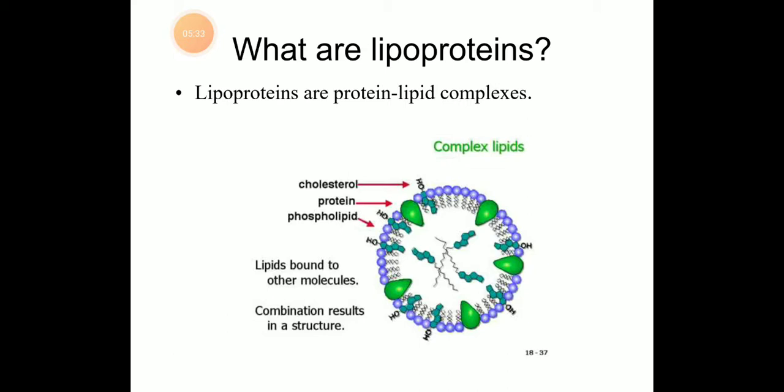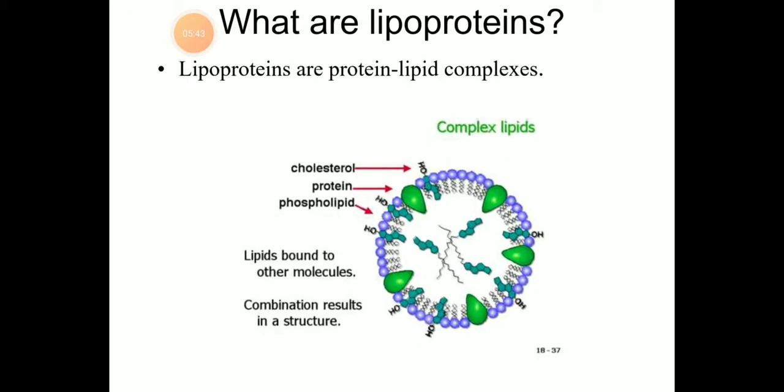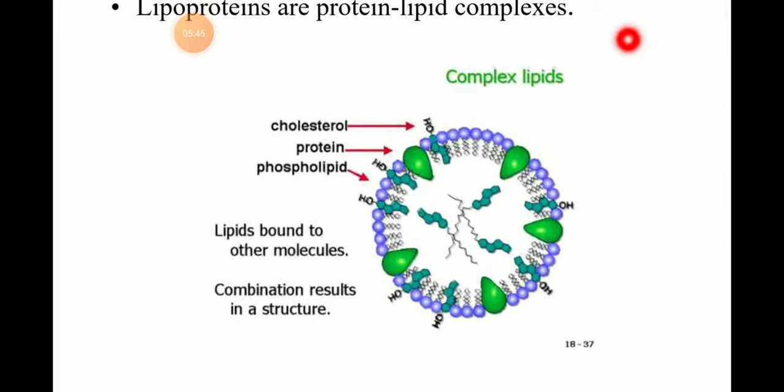Water soluble components, namely apoproteins, phospholipids, and unesterified cholesterol, are present in the periphery, that means on the surface. So on the surface you can see the apoproteins, the phospholipids, and unesterified cholesterol.